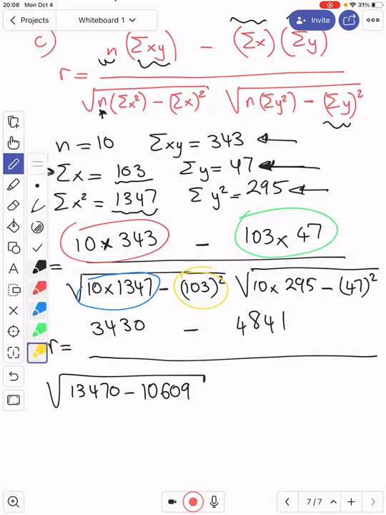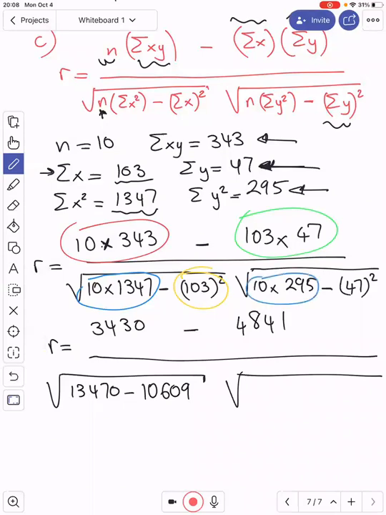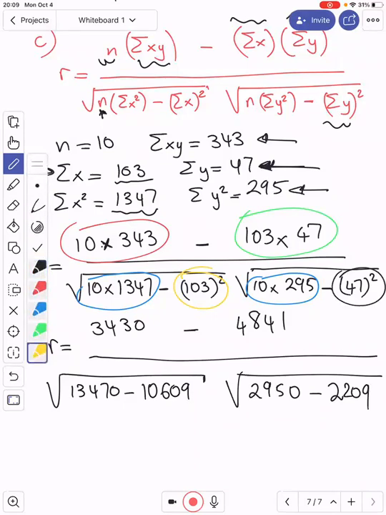All right, now the second square root. We have 10 times 295, which is 2,950, minus 47 squared, which is 2,209.